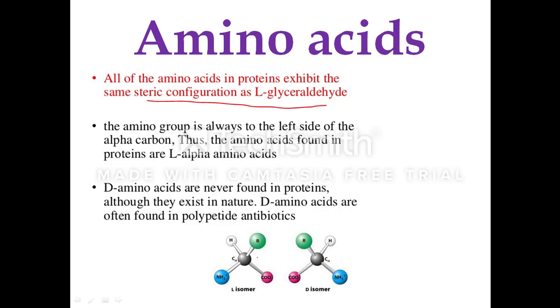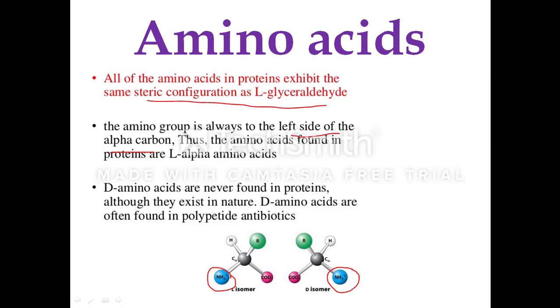L amino acids have the NH2 or amino group towards the left side, and D amino acids have the NH2 towards the right side. The amino group is always on the left side of the alpha carbon atom in L amino acids. They are present in proteins.